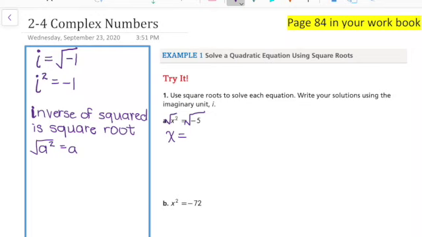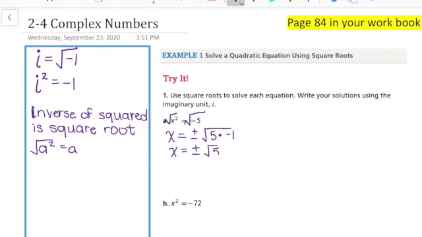When I'm solving an equation, I could have the positive or the negative of that number. So then I have the positive or negative of the square root of -5. Well, hopefully you can agree with me that 5 times -1 is the same thing as -5.